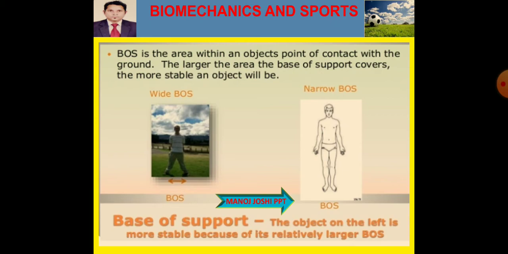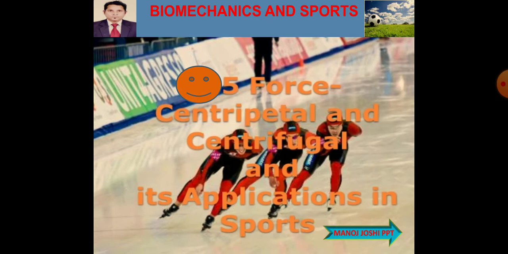Base of support, that is BOS. The object on the left is more stable because of its relatively larger base of support. So a wide base of support in one picture, a narrow base of support we have seen.